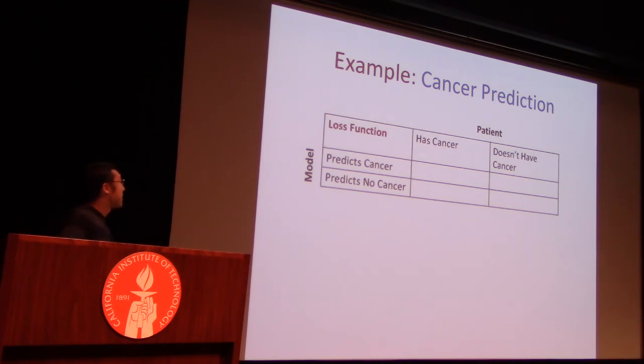Suppose the two labels are has cancer or doesn't have cancer, right? So if the patient has cancer and a model predicts has cancer, in some sense the loss is going to be low, probably 0, right? If the patient doesn't have cancer and the model predicts has cancer, let's say the loss is medium, right?